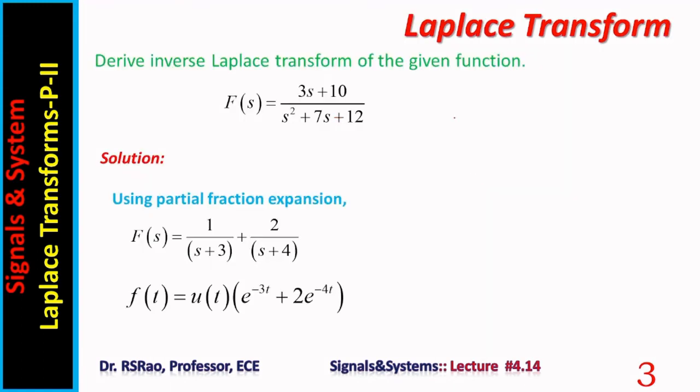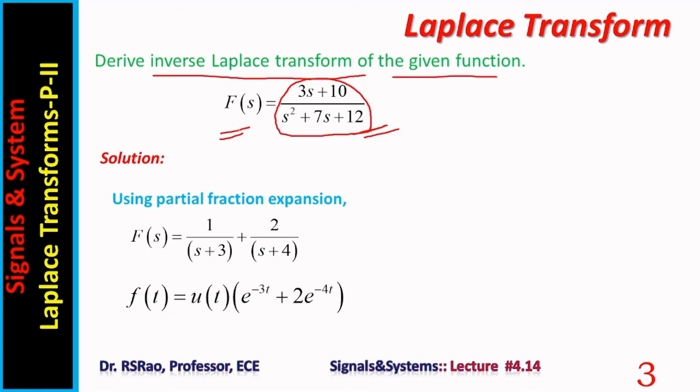Now we consider a problem. Derive the inverse Laplace transform of the given function f of s equal to (3s plus 10) divided by (s square plus 7s plus 12). First, we have to expand the given function into simple first order functions using the partial fraction expansion method.